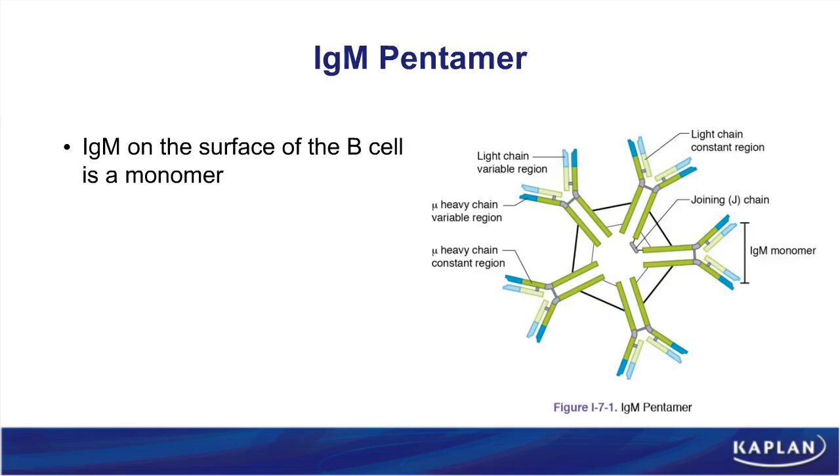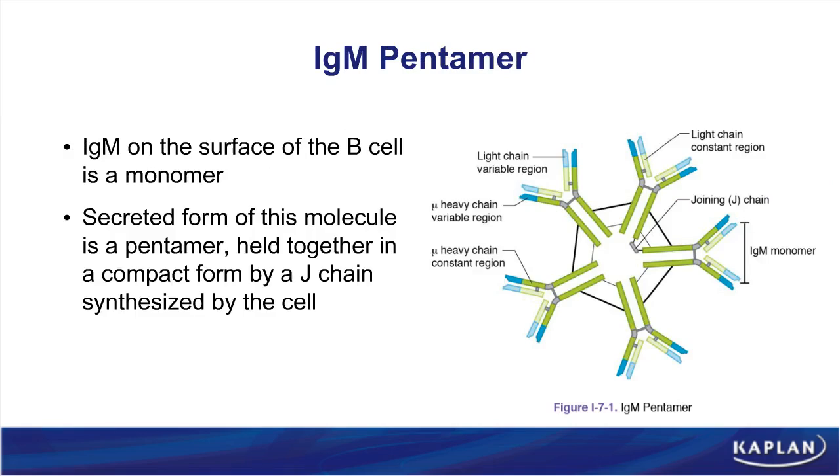What is really sort of cool about IgM is that when it's secreted from a plasma cell, it's secreted as a pentamer. Now, we've already looked at IgM, what it actually looks like on the surface of a B cell as its B cell receptor, which is as one monomer of an antibody molecule.